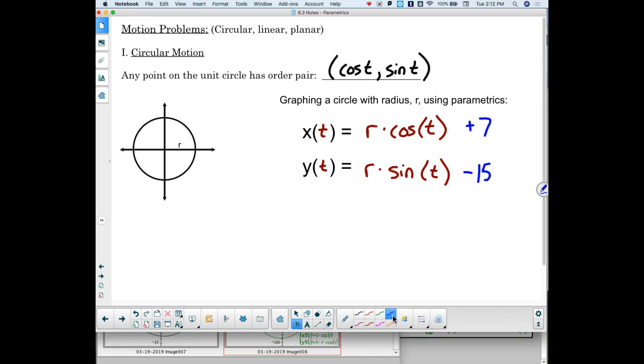If I wanted to go up 4 units, where would I put the plus 4? On the x or on the y? On the y if I want to go up 4 units. If I want to go left 17 units, on x or on y?